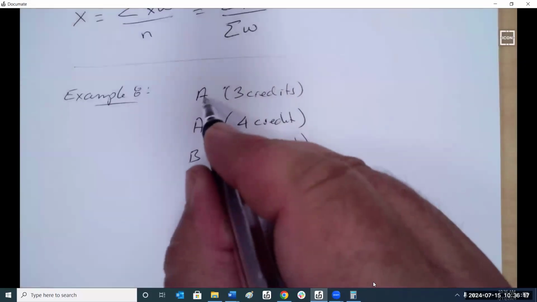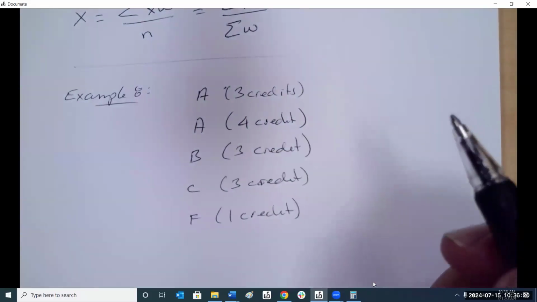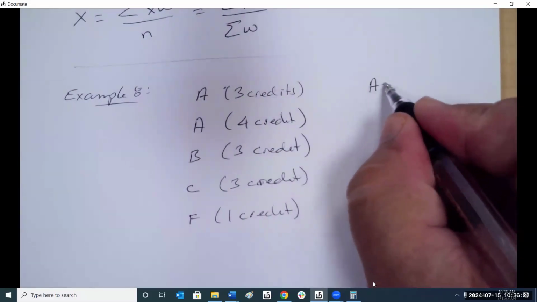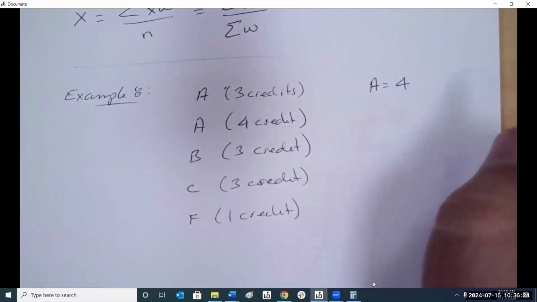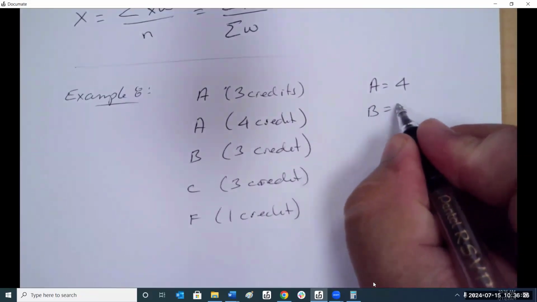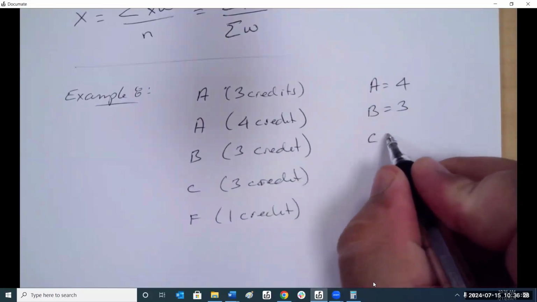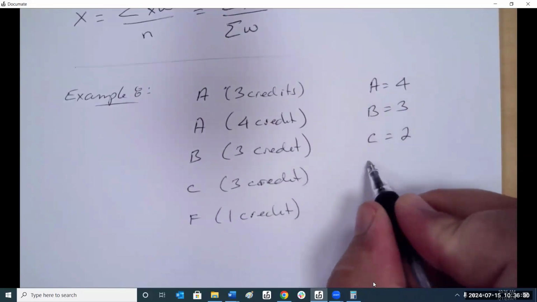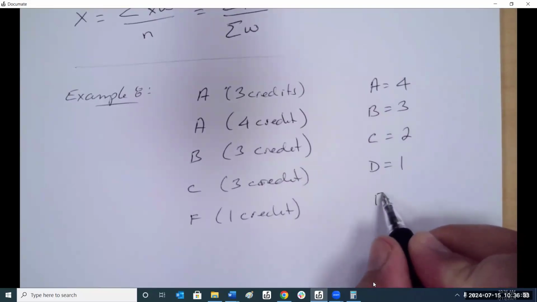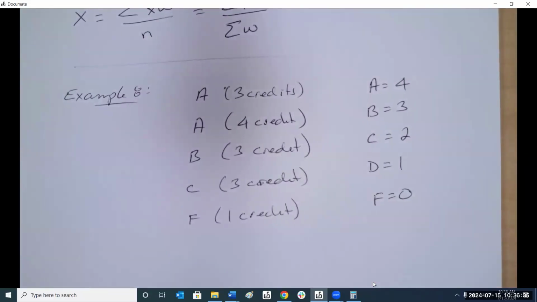Now, typically the weights of these: an A counts 4 points, a B counts 3 points, a C counts 2, a D counts 1, and an F counts 0.